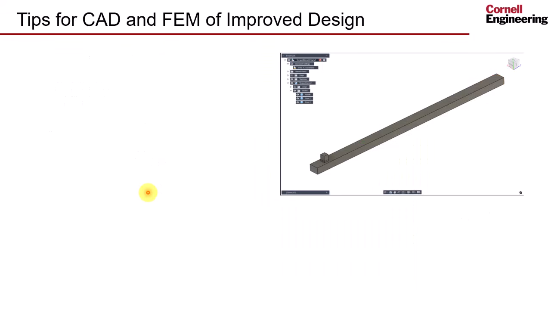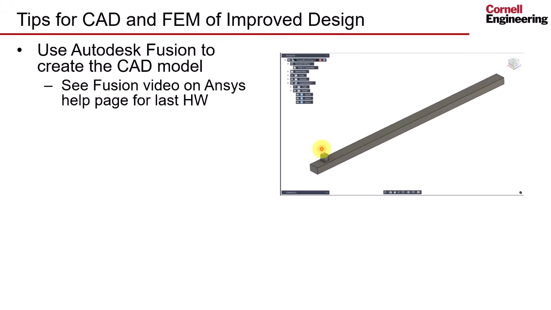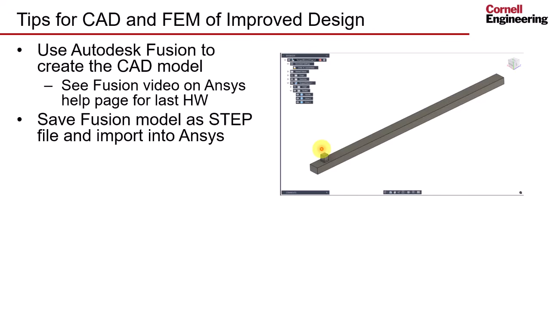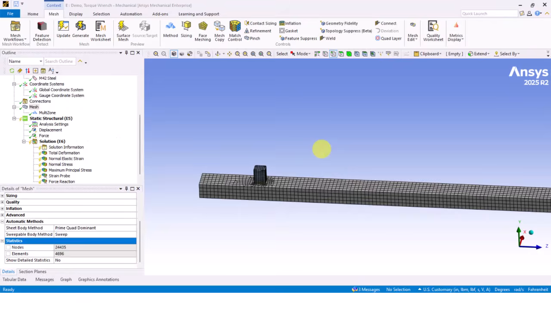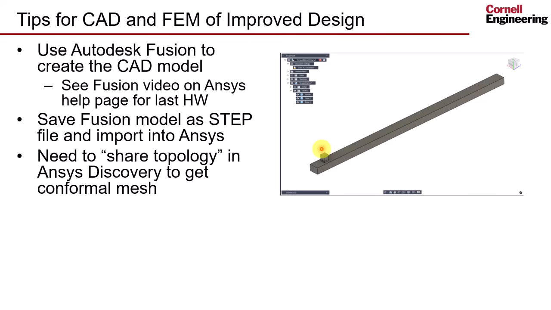And then if I go back to my slides, so for the CAD, we suggest you use Autodesk Fusion, and the Ansys help page has the information on that. I'll bring up that page in a moment. And you need to save the Fusion model as a STEP file and then import into Ansys.